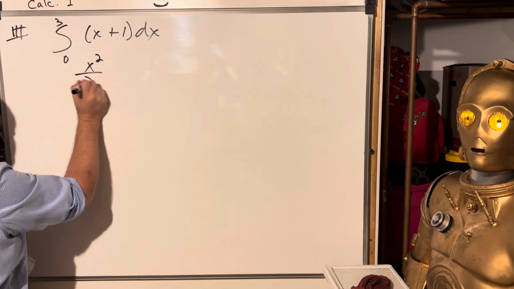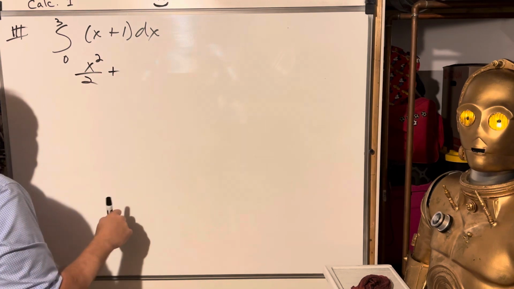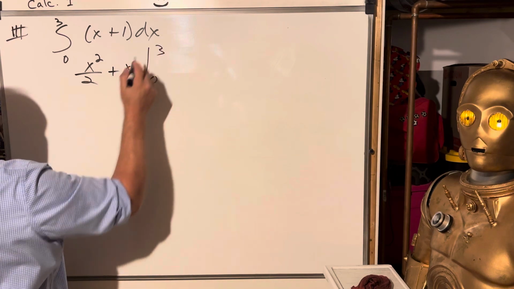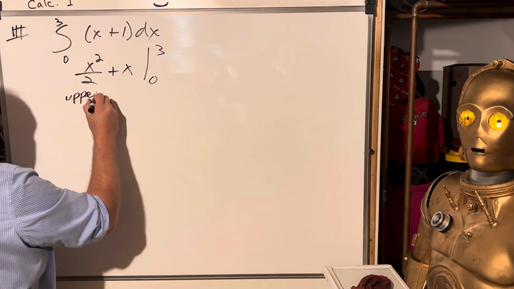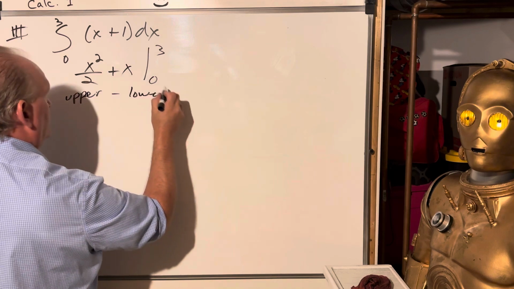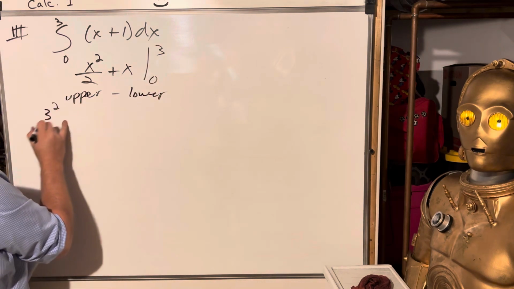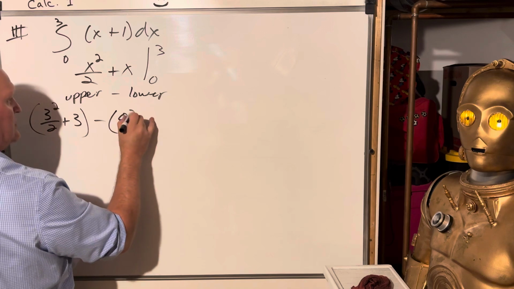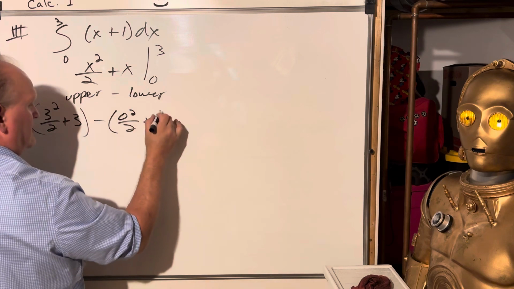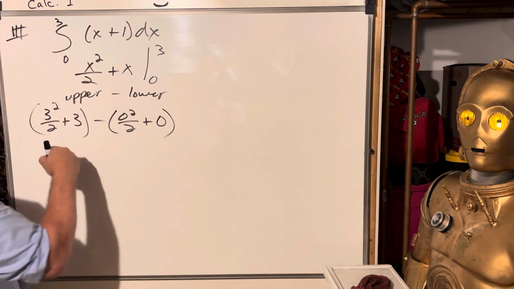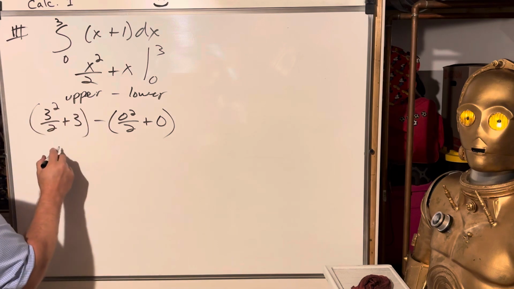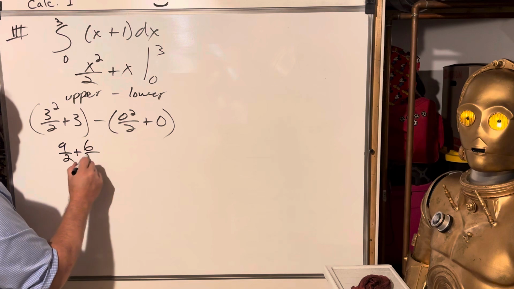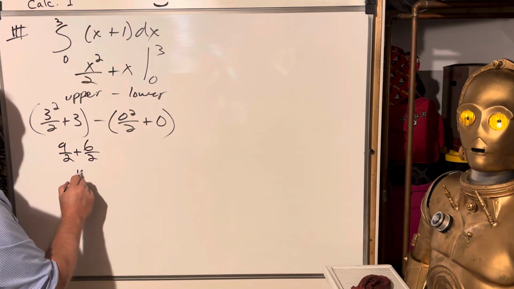Whatever that power is, you divide it in the denominator. And then that becomes an x, and then we go from 0 to 3, and it's upper minus lower. And we just pop it in, 3 squared over 2 plus 3 minus 0 squared over 2 plus 0. And that goes to 0, that's 9 halves plus 6 halves, that's 15 halves.